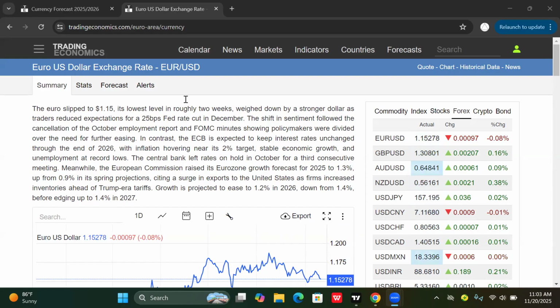The shift in sentiment followed cancellation of the employment report. Yep, they have cancelled that as well. And FOMC minutes showed policymakers were divided over the need for further easing.